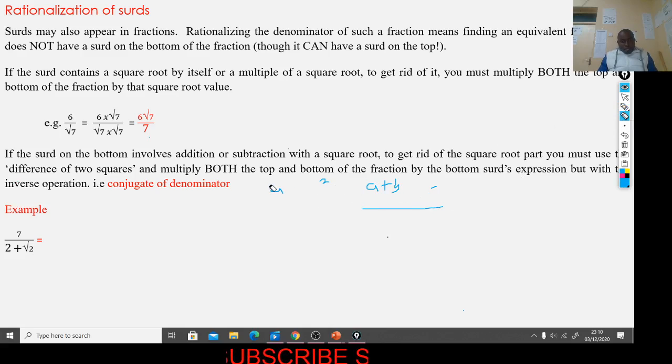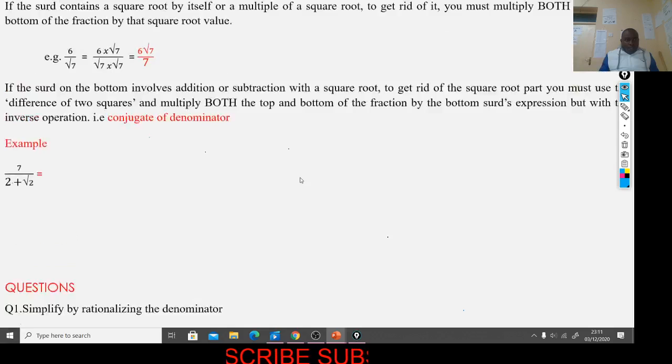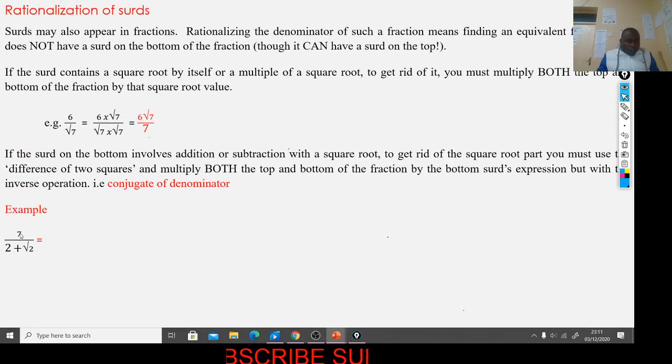So an example is that we rationalize the denominator. If the question is 7 over 2 plus root 2, we need to conjugate to rationalize.